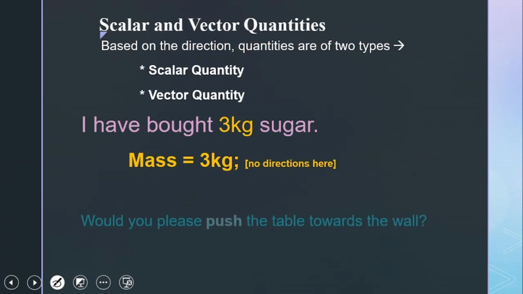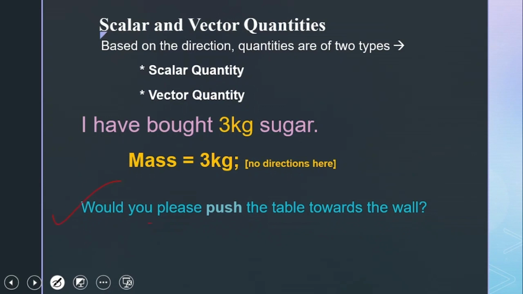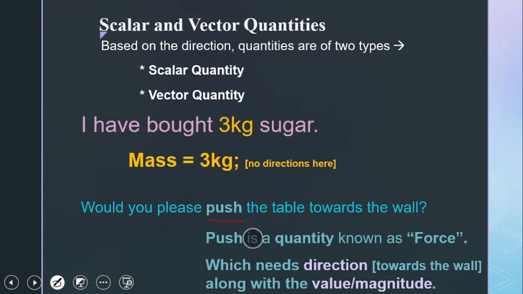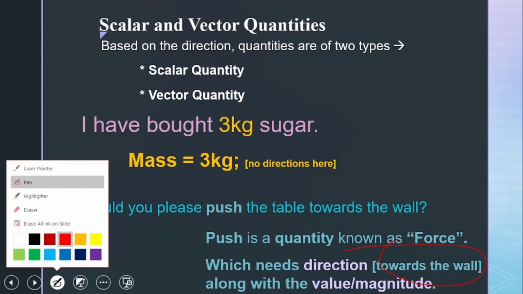Now let's have another example. Would you please push the table towards the wall? Here, what is push? Push is a quantity known as force, which needs direction, like here we have used towards the wall, along with the magnitude. That means we have expressed the direction with magnitude.